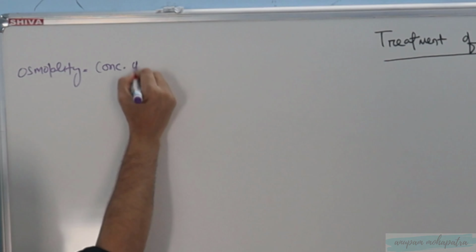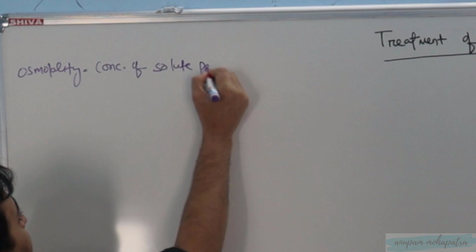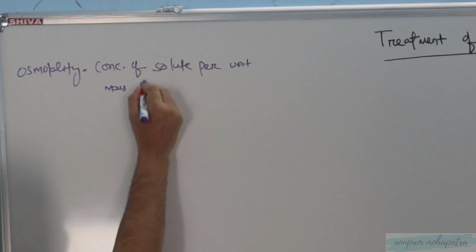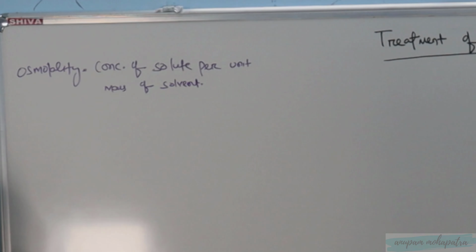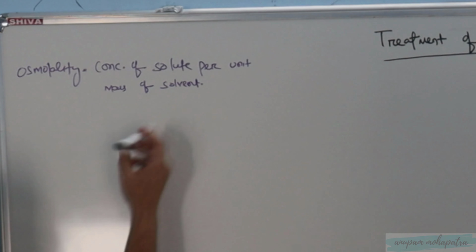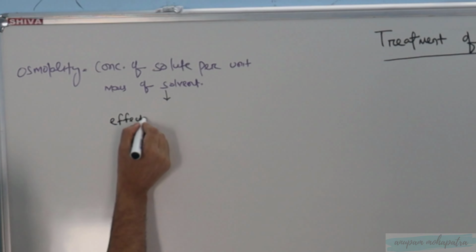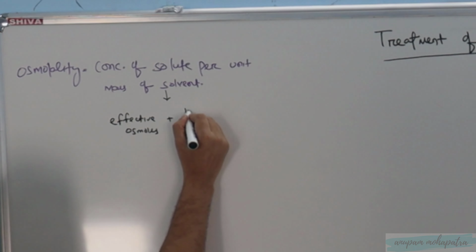Concentration of solute per unit mass of solvent, correct? It can be simplified as effective osmoles plus ineffective osmoles. Now what are these factors?